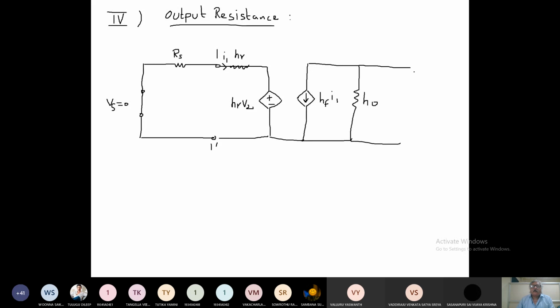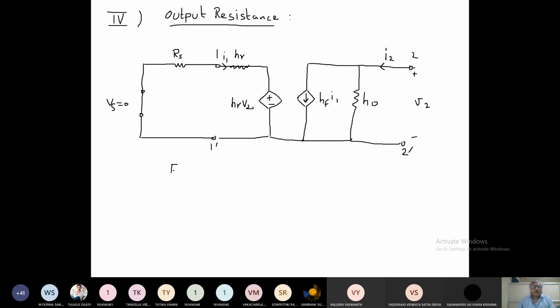Here we have terminal 2 dash, and plus minus V2, and this is your I2.